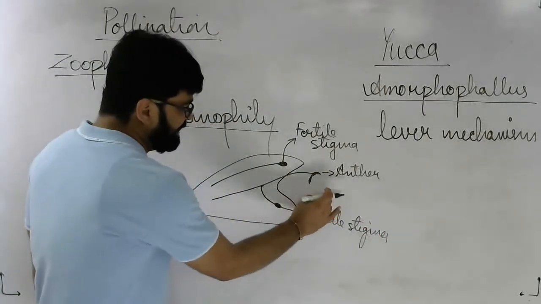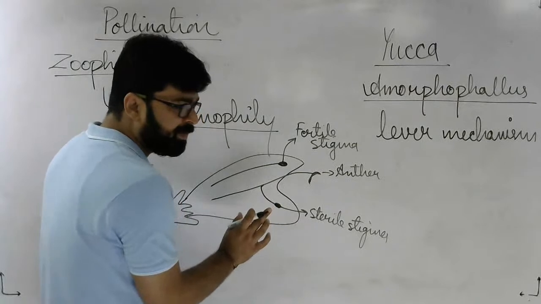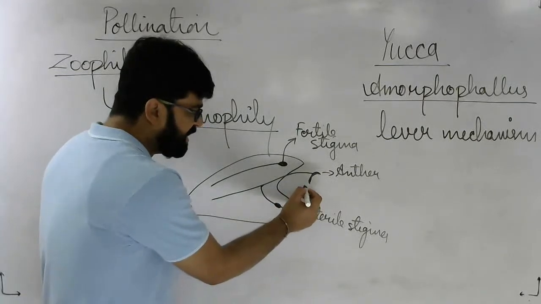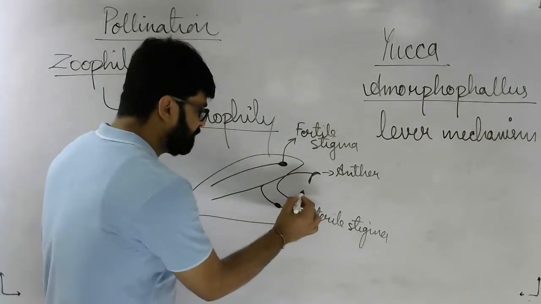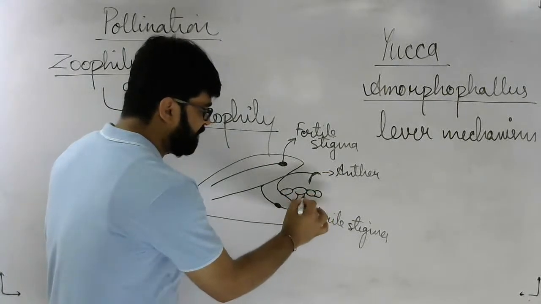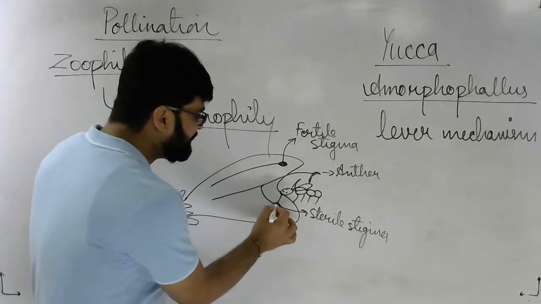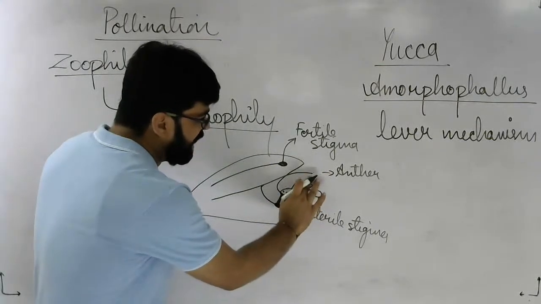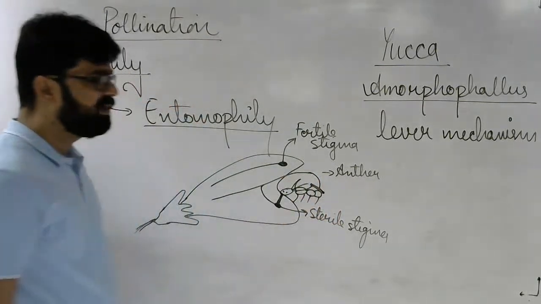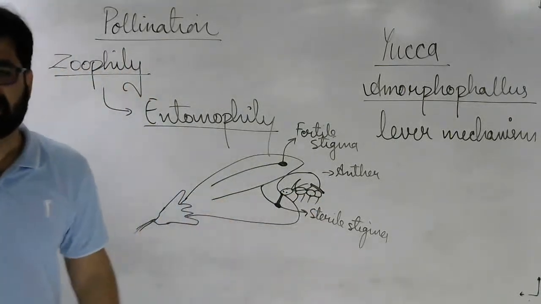Now what happens? An insect comes to suck the nectar or the fluid present in the flower. Generally it moves towards the sterile stigma. So as soon as the insect comes here and puts pressure on it, the anther turns and touches the body of the insect, and all the pollen sticks to the body of the insect.